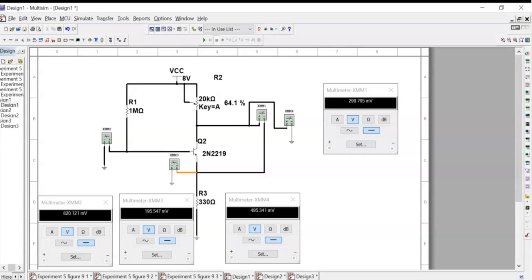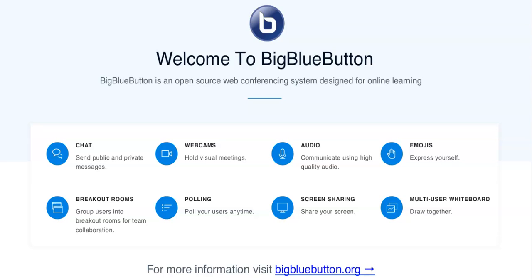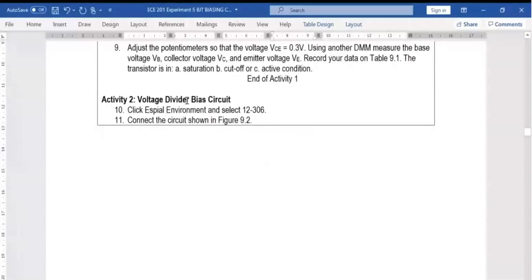Next procedure is to connect the circuit for activity number 2. For activity number 2, you need to connect the voltage divider bias circuit.